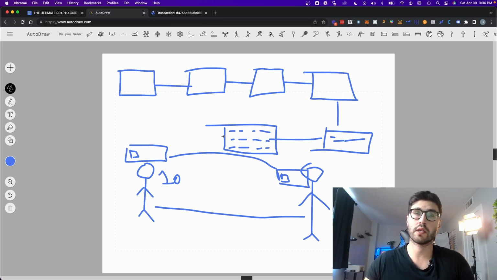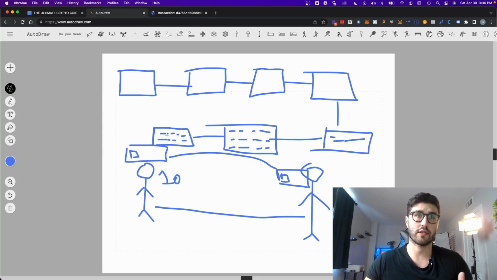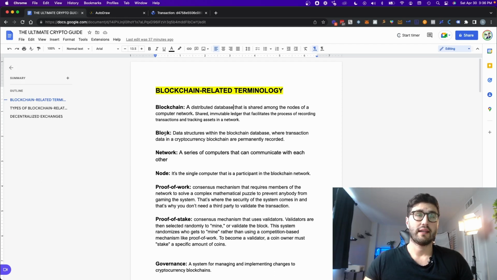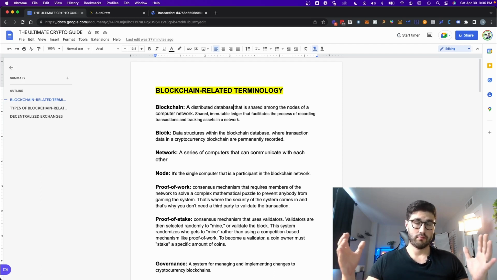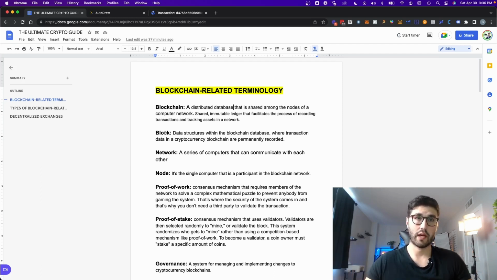And the process will keep going forever as long as the network is active and running, okay? So this is one transaction, then another guy comes that wants to complete another transaction, and that's how this is going to take place, all right? So that's the meaning of block, okay?